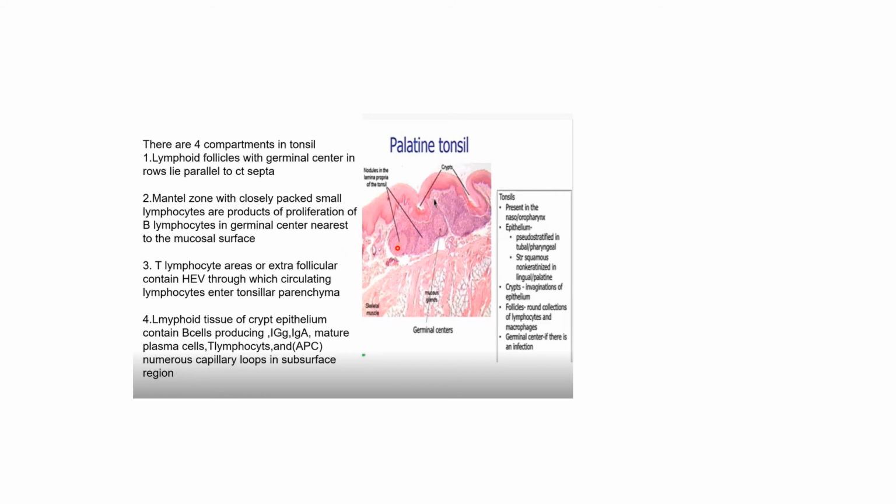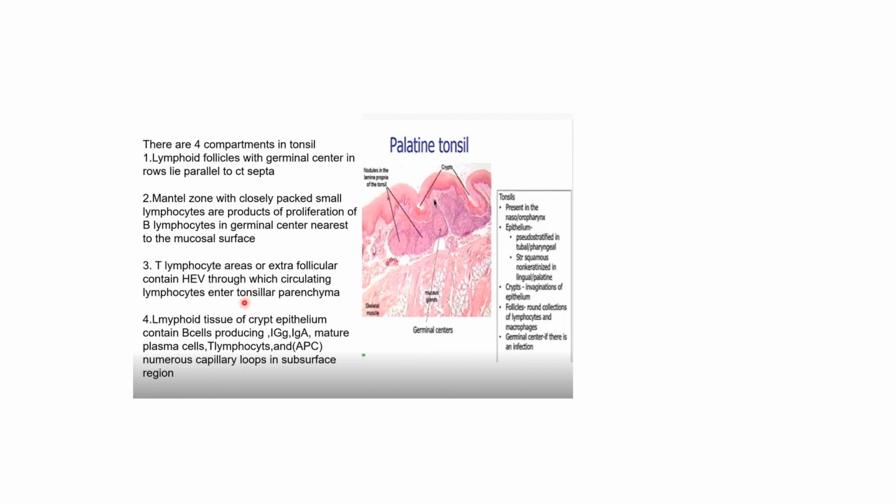The lighter area is the germinal centers, which you have also seen in the lymph node, which have the lymphoblasts or the plasma cells and few dendritic cells. So in the mantle zone, closely packed B lymphocytes are present, and these are nearer to the mucosal surface.